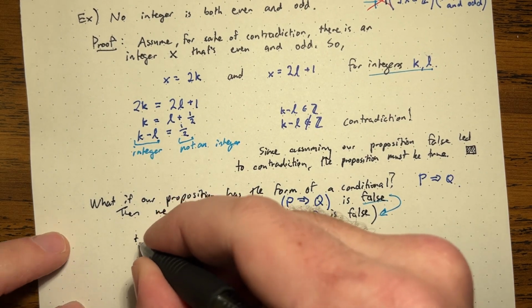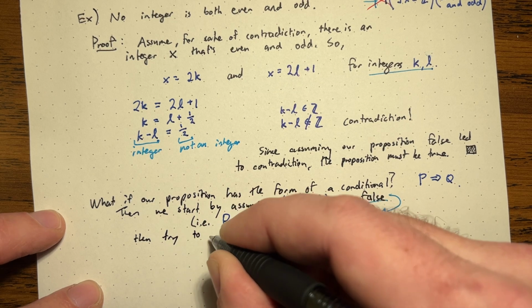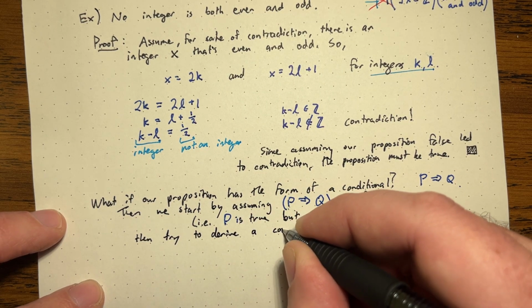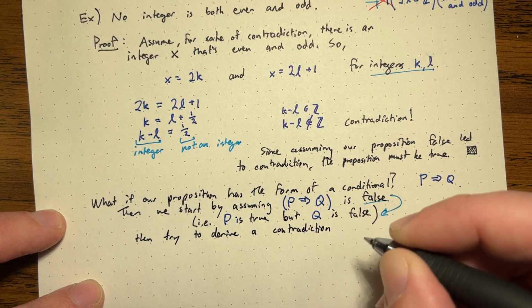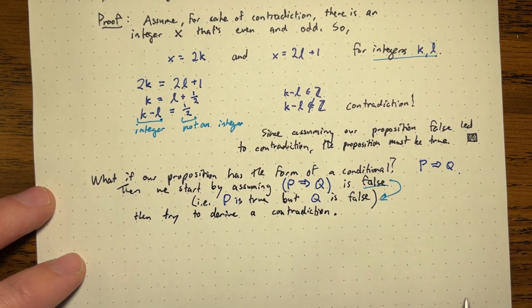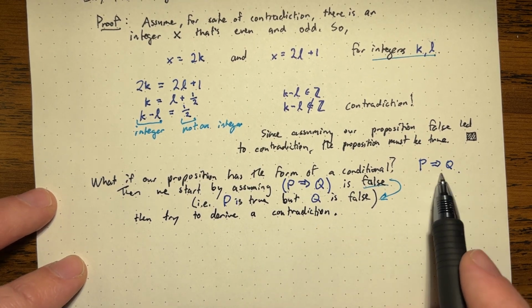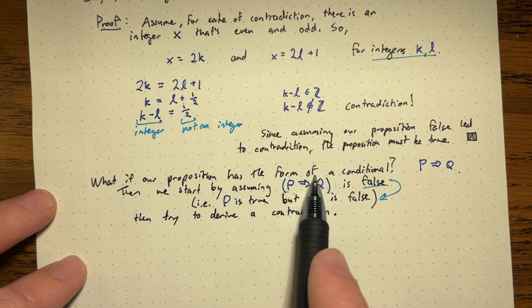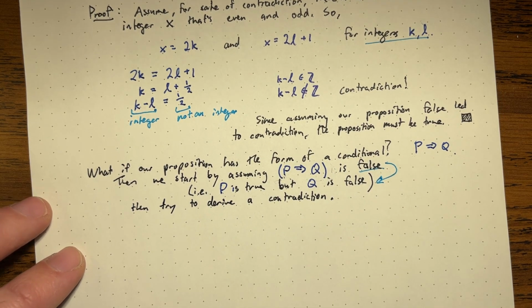And then we do the same thing, so then try to derive a contradiction. And this works just as well. Just want to emphasize this. If you have a conditional, you're not actually assuming P is false. You're assuming the whole statement is false, which is this: P is true and Q is false.